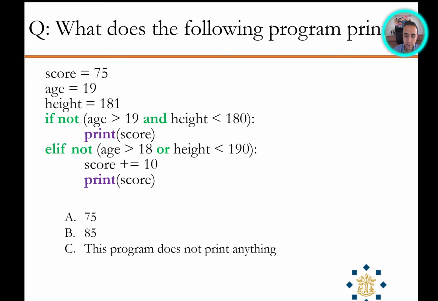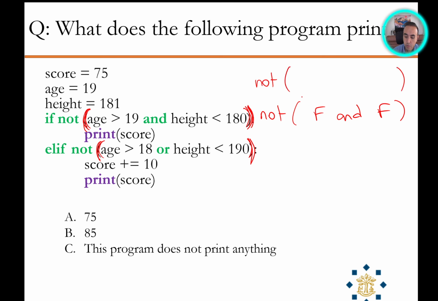Okay, so this is the final exercise, the review questions. Here we have not, so we have again two parentheses. So let's see, this one is not something. We first have to do what is inside. So age is greater than 19, that's a false, and height less than 181, that's also false.